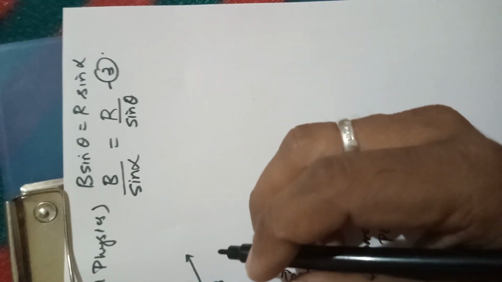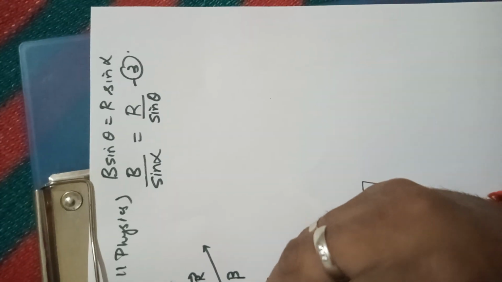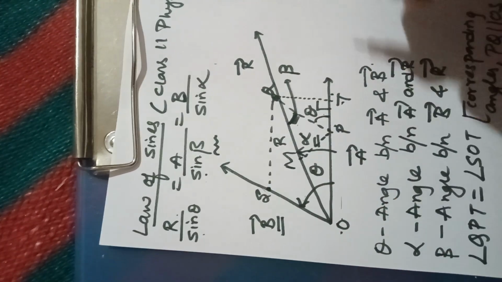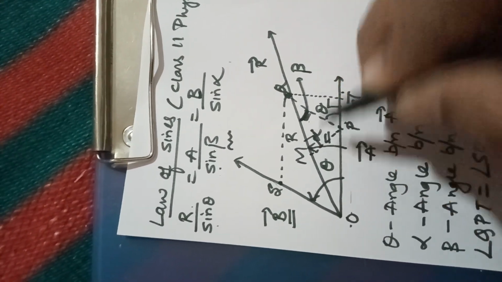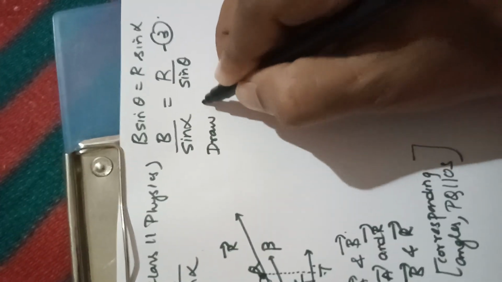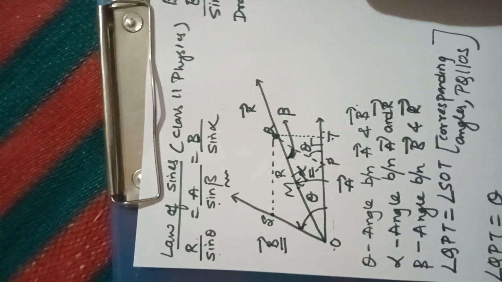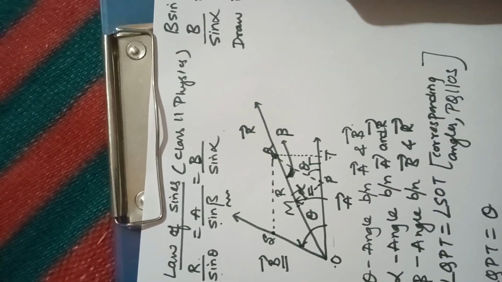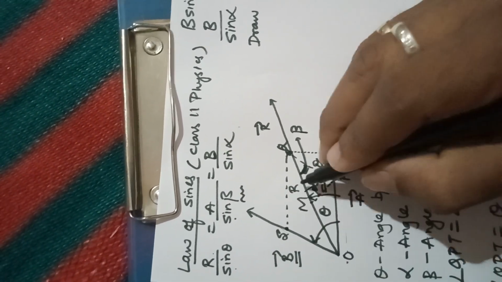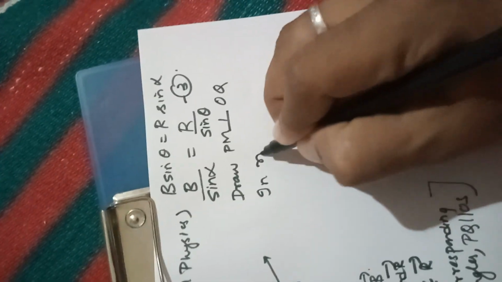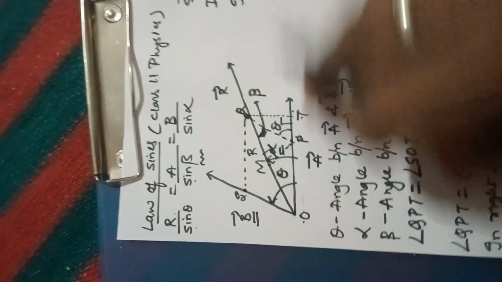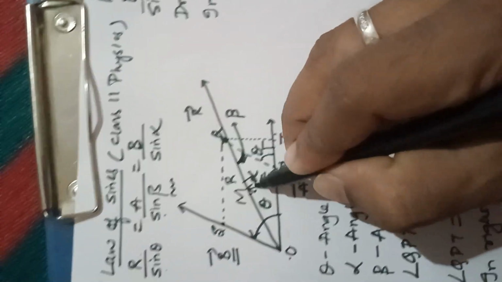What are the constructions we must do? Let's draw PM perpendicular to OQ. Now let's take the triangle PMO. In right triangle PMO, the angle, as I told you, is alpha.